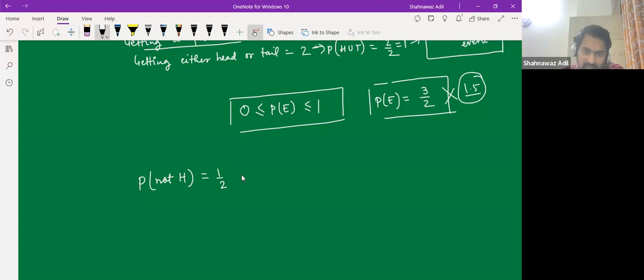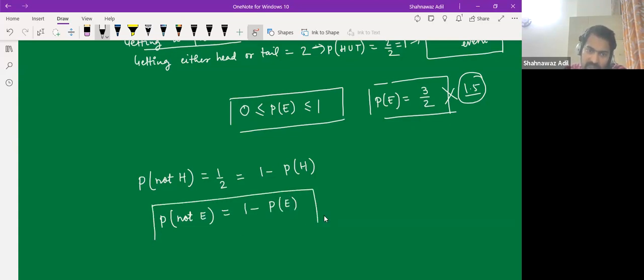So this is 1 minus the probability of getting a head. So the probability of not getting an event is always equal to 1 minus the probability of that event happening. This is the relation between P(not E) and P(E). Is this part clear?